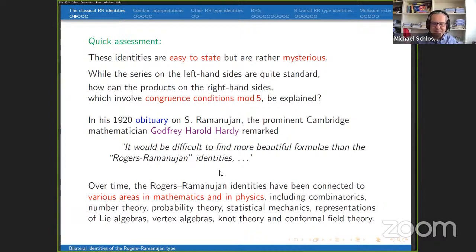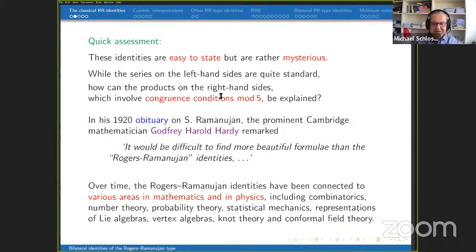So Hardy, who was very, very well known in analysis, together with Ramanujan developed the circle method and gave asymptotic expansions for the partition function, for instance. He appreciated the beauty a lot, and over the years it was not just that these identities are strange curiosities, but they have been connected indeed to different areas in mathematics: combinatorics, number theory, probability theory, statistical mechanics, representation theory, vertex algebra, knot theory, and conformal field theory, to name just a few areas.